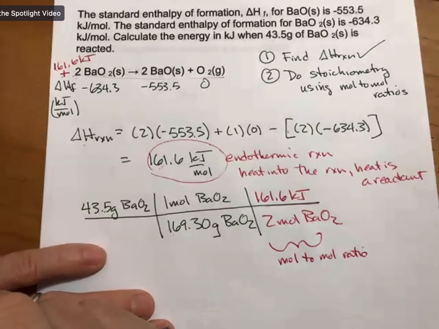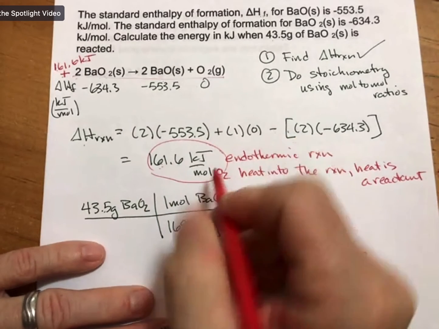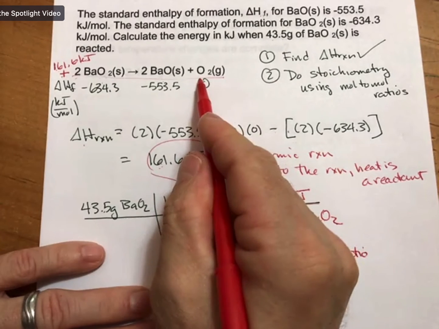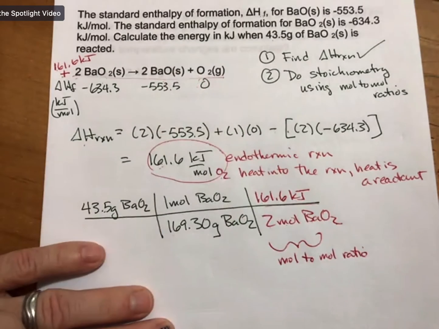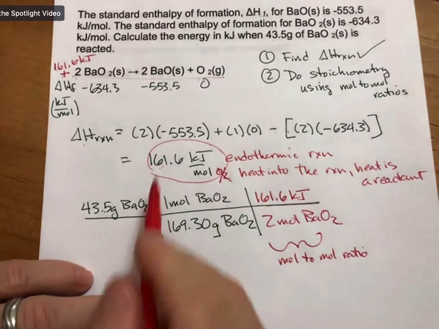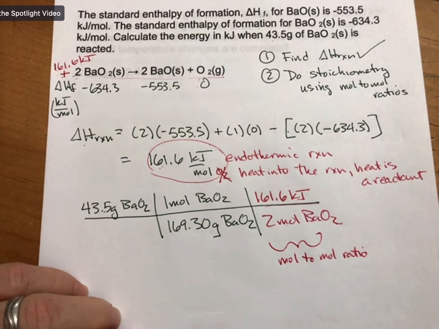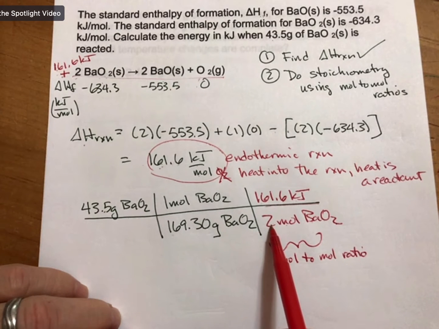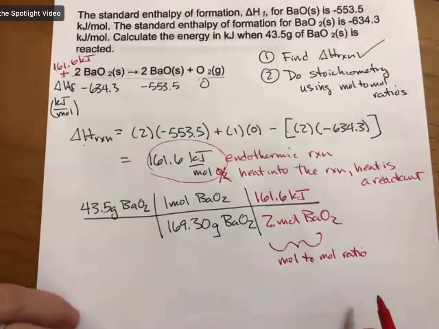Another way to do it is that this number is per 1 mole of oxygen, only because this has a 1 coefficient. I actually shy away from that. I go towards this process. But if you forget this 2 here, your answer will be off. And anyway, that's potentially why.